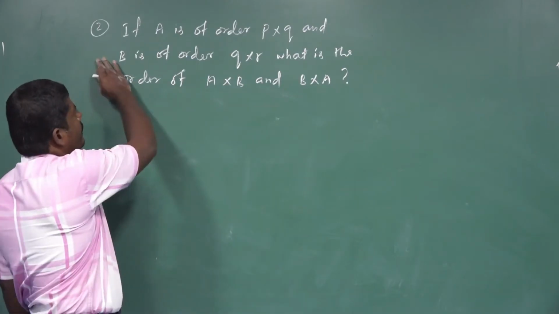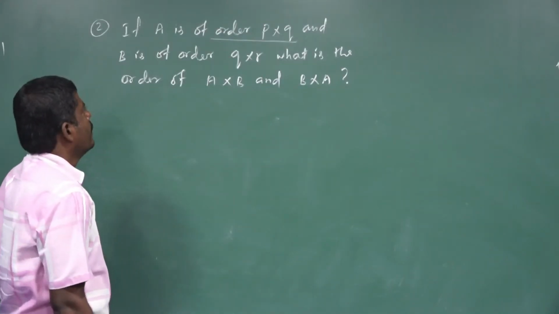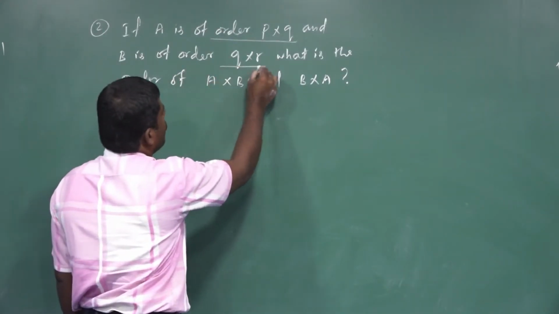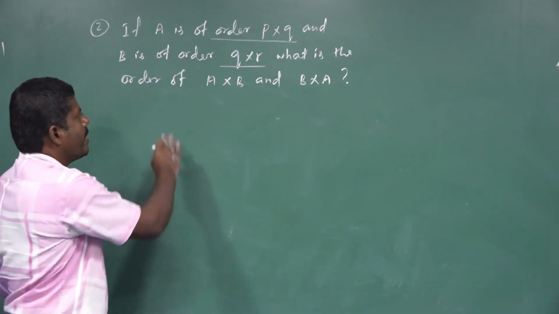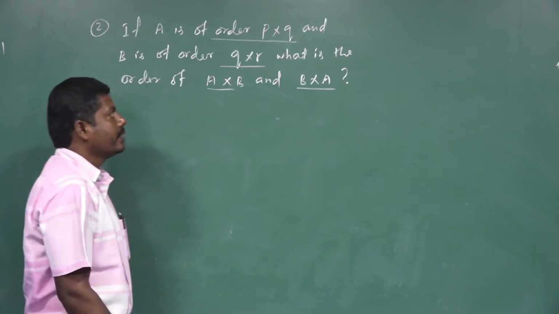Question number 2. If A is of order P by Q and B is of order Q by R, what is the order of A multiply B and B multiply A? Understand?